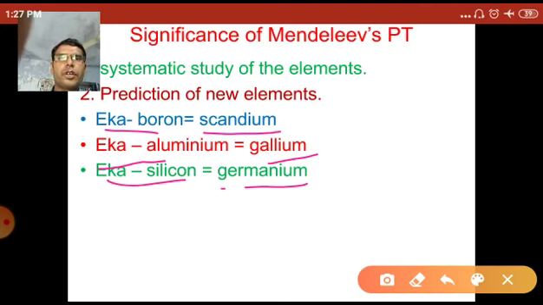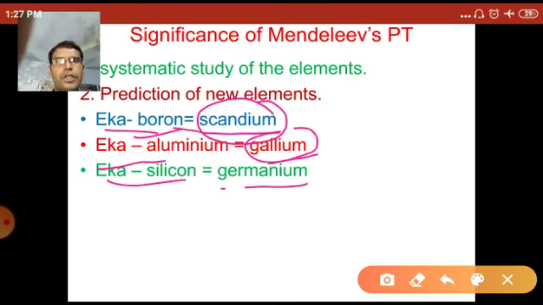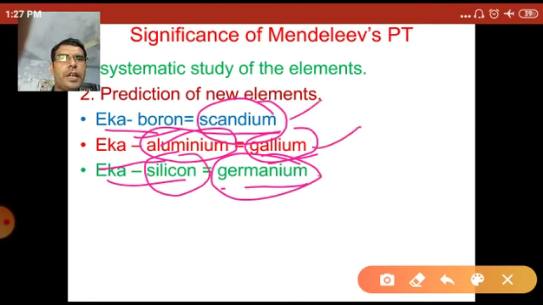Eka means below the element. That means scandium is present just below boron, gallium is present just below aluminum, germanium is present just below silicon. These 3 elements, scandium, gallium, and germanium, were not discovered by the scientists during the formation of the Mendeleev periodic table. When Mendeleev prepared the periodic table, at that time scandium, gallium, and germanium were not discovered, but Mendeleev predicted that these three elements are present in nature.